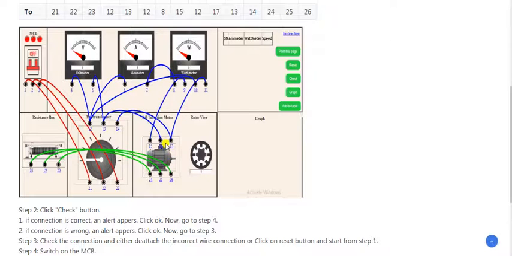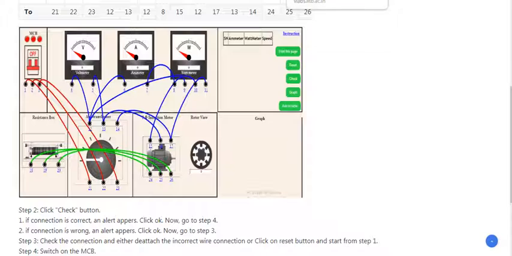Here is the stator connection, 3 windings. These are the 3 terminals of the windings, and these are the rotor terminals with the rotor resistance. We will connect this rheostat through cables to the rotor.